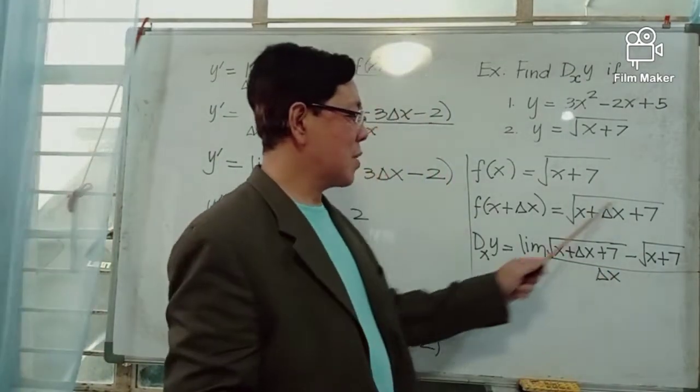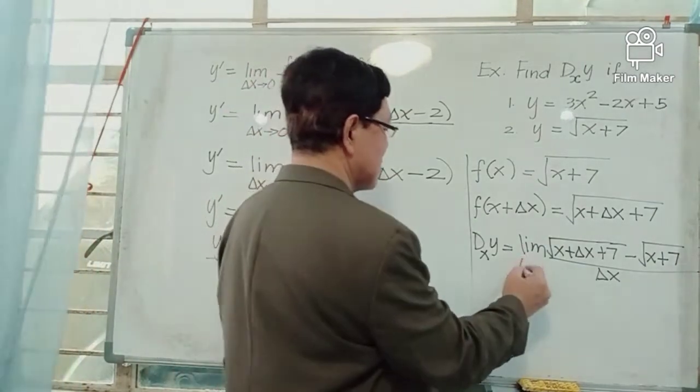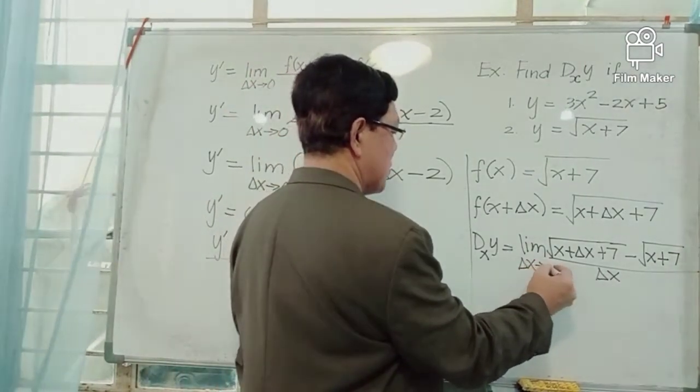And we find the limit of this quotient as delta x approaches 0.